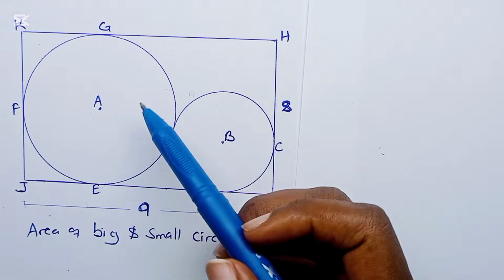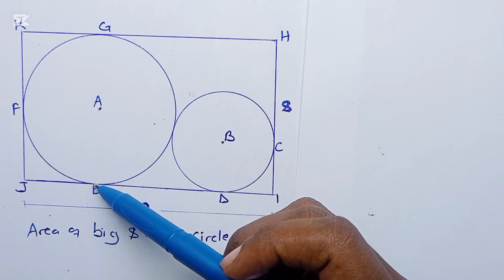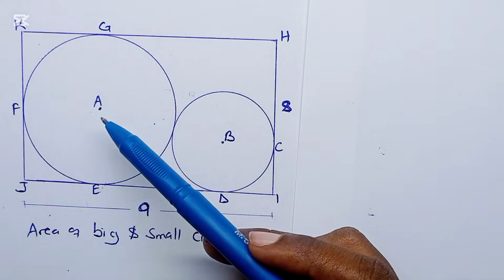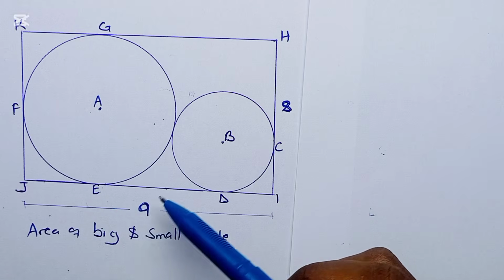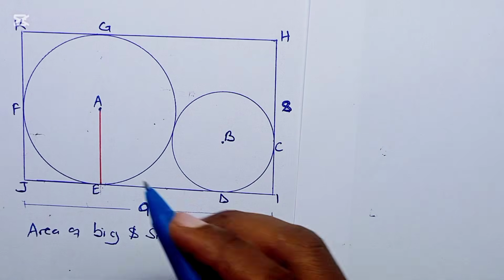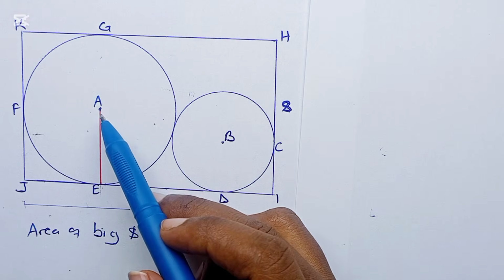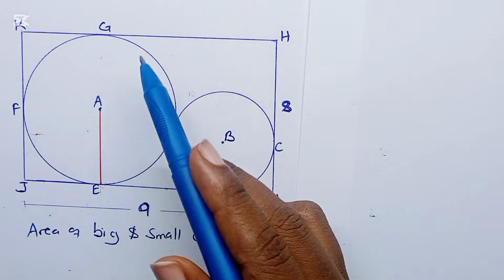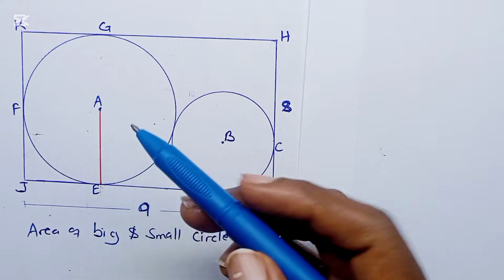Next step is let's draw a perpendicular line from center A to point E, a vertical line that is perpendicular to JE or JD, just like this. So this is line AE, and you can notice that it's the radius of the big circle, okay?